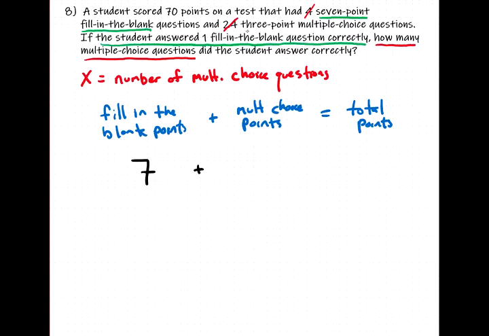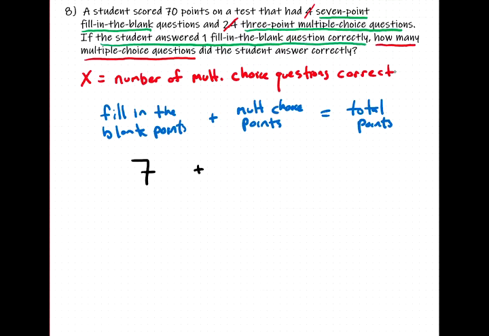Okay, so the multiple choice questions are 3 points for every one answered correctly. I'm going to go back and just add the word correct because I want to be more specific. X is the number of correctly answered multiple choice questions. All right, so every one of those is worth 3 points. So the total points received is 3 points per correct answer.